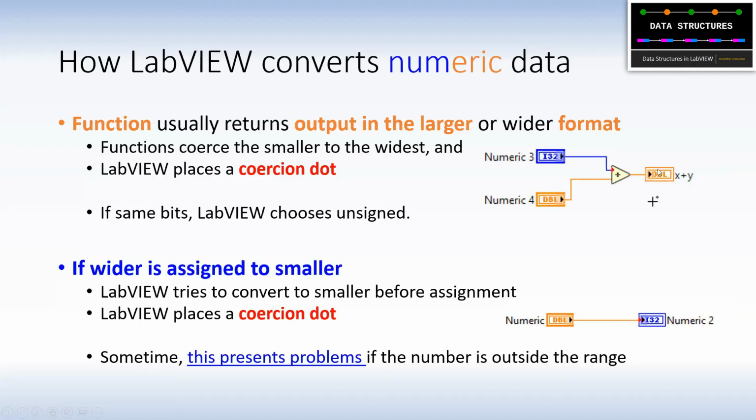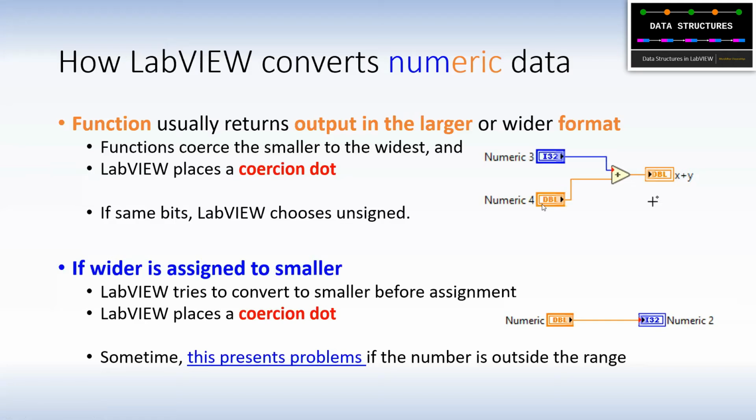It outputs a double value because double is larger. It outputs in the larger format. Higher bits means higher range. When you store the data in larger bits, it gives you a larger range.